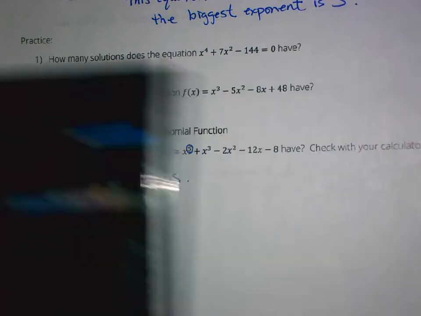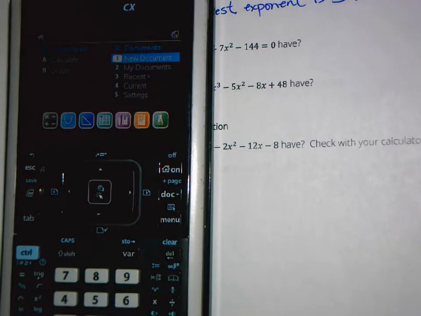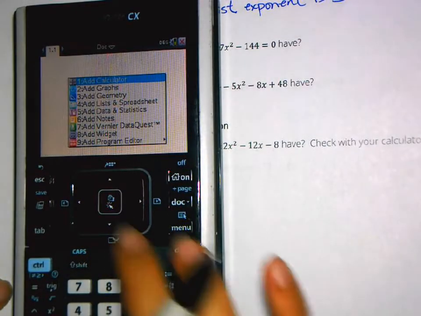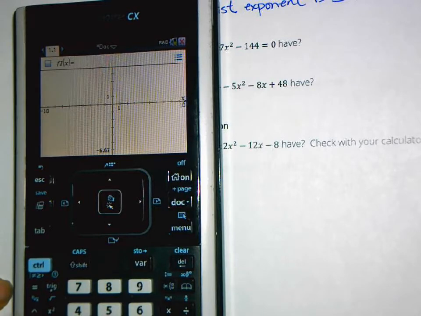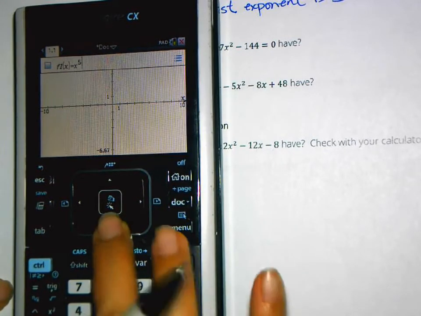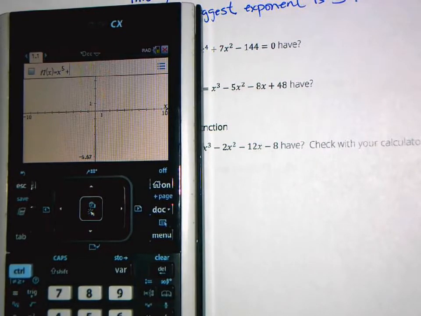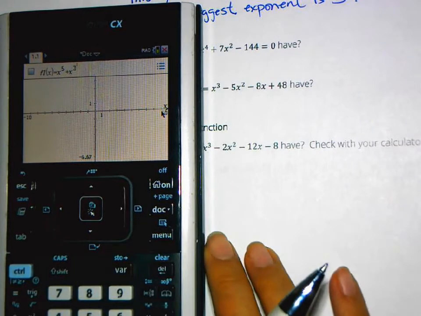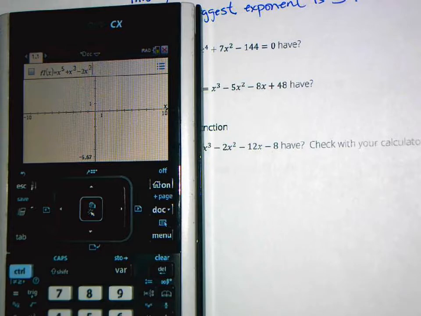So here's my calculator. Let me graph that equation. Let's go to New Document. Add a graph. We got x to the 5th power plus x to the 3rd minus 2x squared minus 12x minus 8.